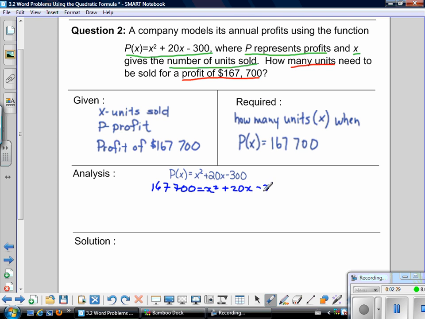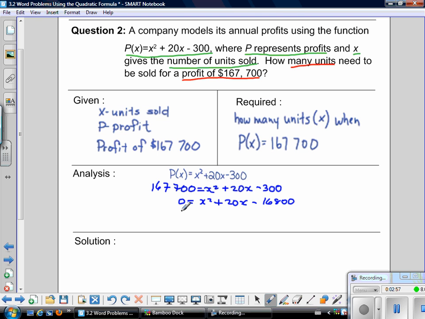Now, because we're solving for x, we need to have one side equal to 0. So we're going to subtract this dollar amount from both sides in order to end up with 0. So we have x squared plus 20x, and when I subtract, I end up with a larger number. So we end up with negative $168,000.